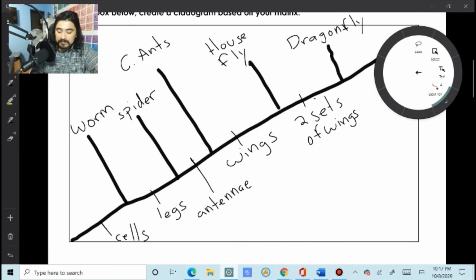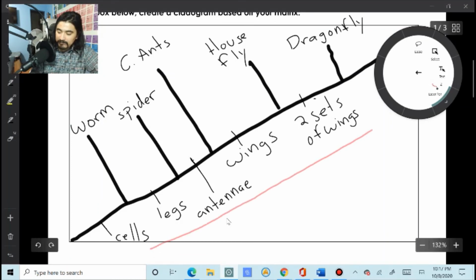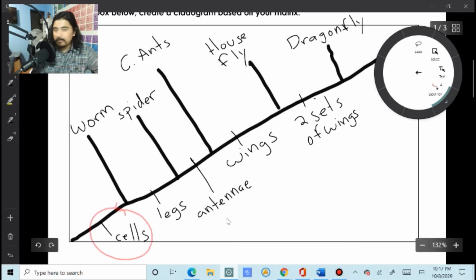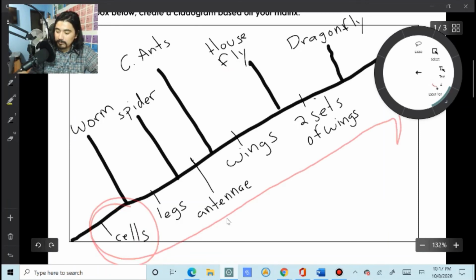Since cells are at the very beginning, every organism after cells possesses that trait. It's the first trait to develop, which means it's the trait that all other organisms have.